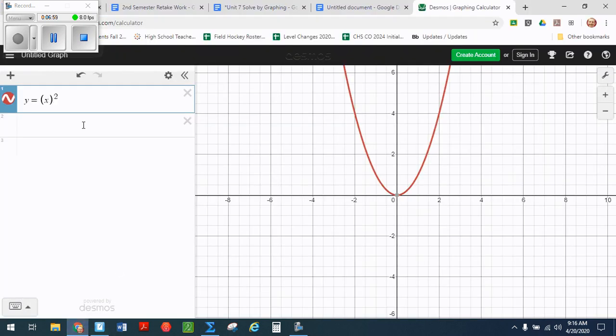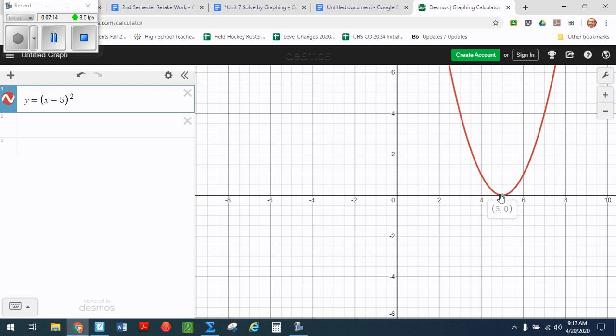So if I go inside the parentheses, and it said x minus h, so let's say I plug in minus 2. It actually went to the right 2 units. If I plug in x minus 5, my vertex is now at 5, 0. It went to the right 5 units. If I plug in minus 3, it's now 3 to the right.